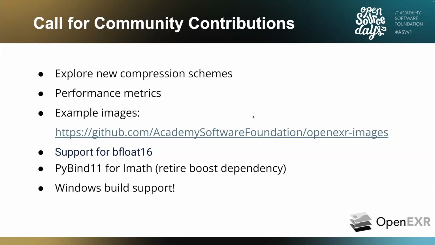Just to mention a few other things on our wish list: new compression schemes, Zstandard, and some of the other compression algorithms that are out there. We'd love to have some experiments and analysis done with that. Related to that, something we have long wanted is some kind of structured set of performance metrics.